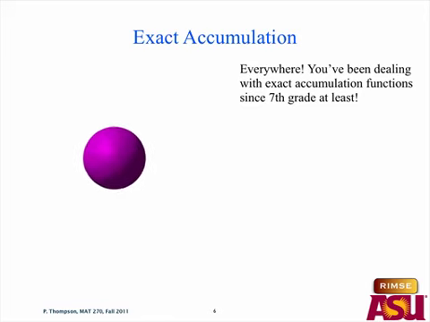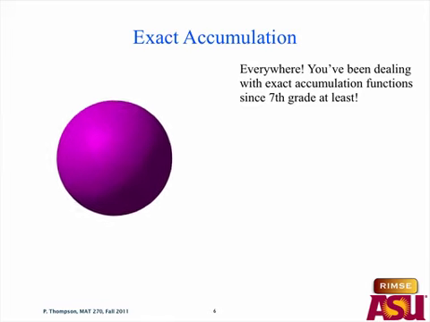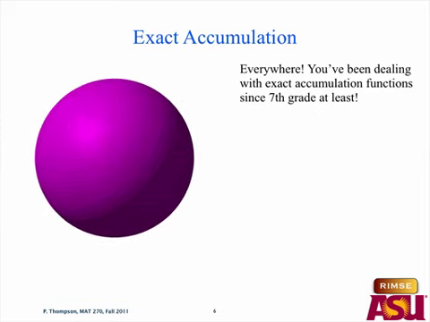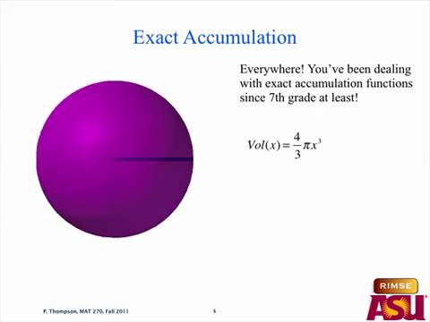Okay, another example is a sphere. So the volume of a sphere depends on what is x in this formula. It's the radius. So how can this volume function be thought of as an accumulation function?